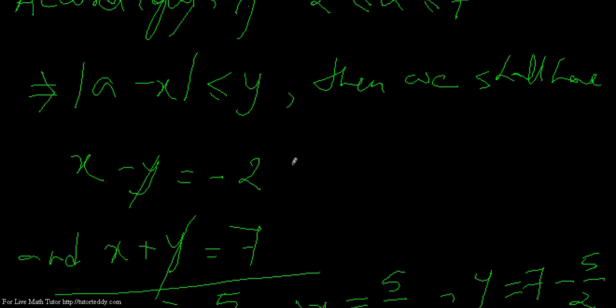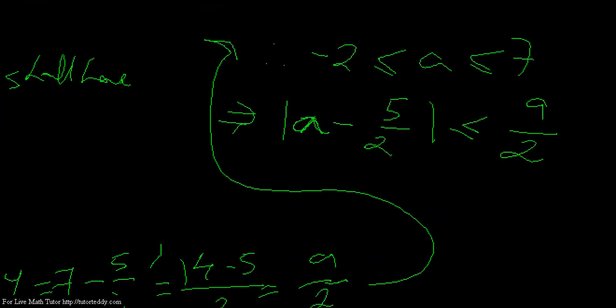From these two equations we find x and y, and from this x and y we go back to our inequality. That means modulus of a minus 5 by 2, that is a minus x, is less than or equal to y, where y is 9 by 2, and this is my solution.